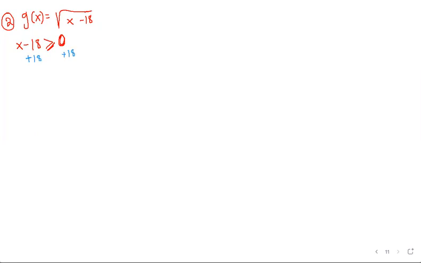This is linear. I don't have to flip the sign. So I get x greater than or equal to 18. And this is the domain. So my domain must be any number greater than or equal to 18. So the domain is all the numbers from 18 to infinity.